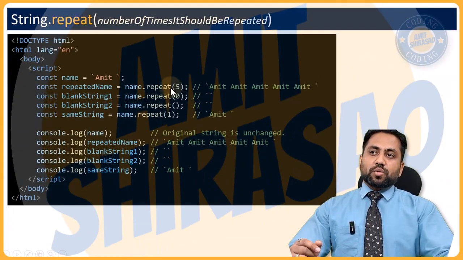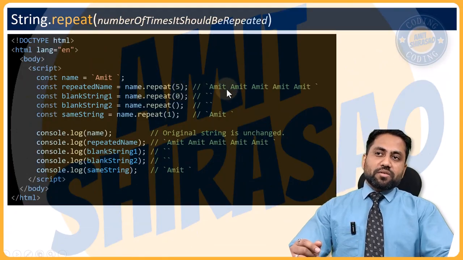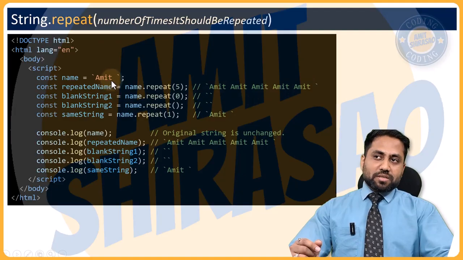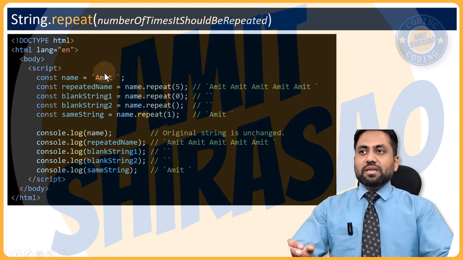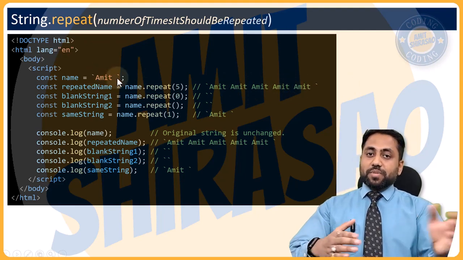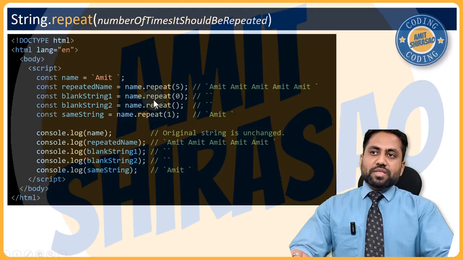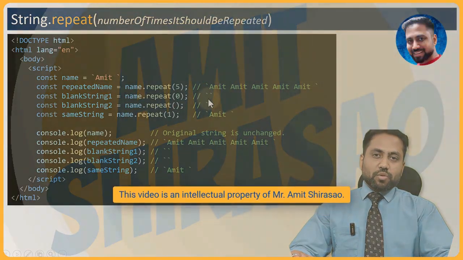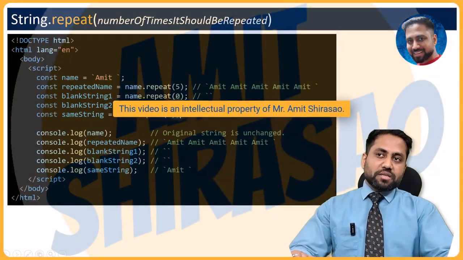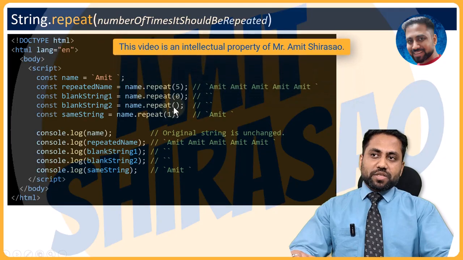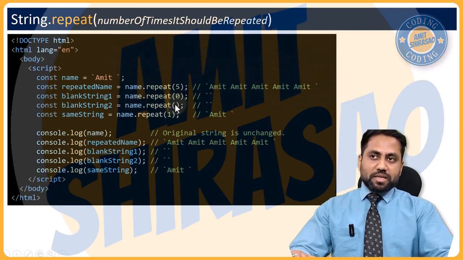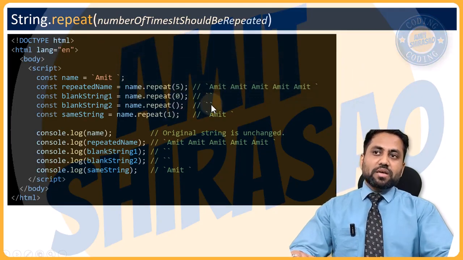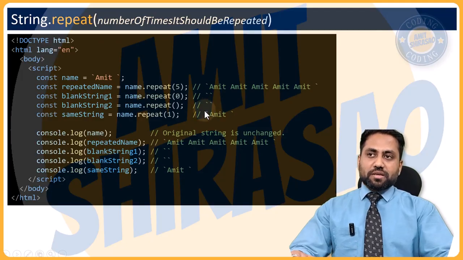repeat I showed you already. If I say repeat of 5, then it will repeat it 5 times. Of course, this Amit has a space already, and that's why you're seeing these spaces in between all of them, because the string actually is Amit with a space. Okay. Now if I say repeat 0, then it doesn't show anything. If I say repeat without giving anything, then it basically means repeat 0. So this nothing gets calculated to 0, and that's why it will once again give me nothing.